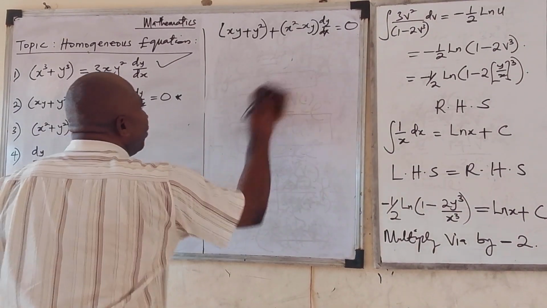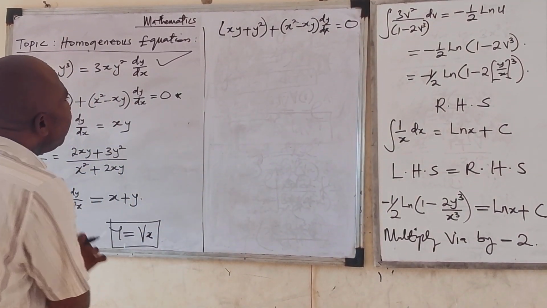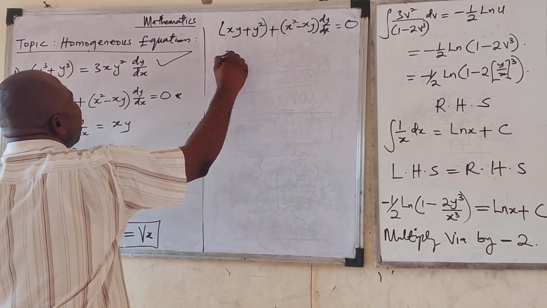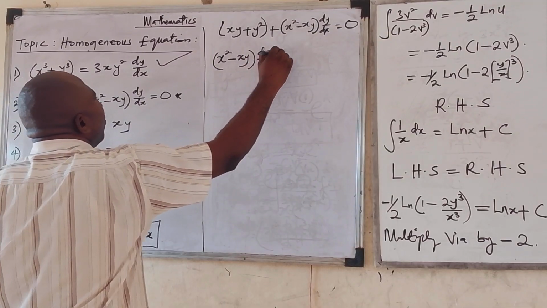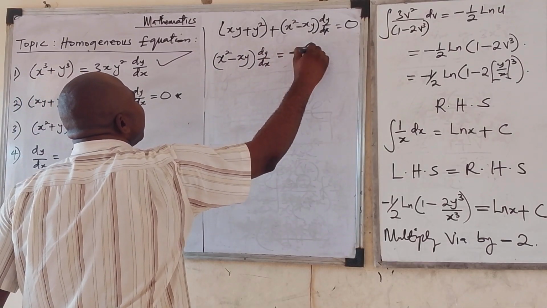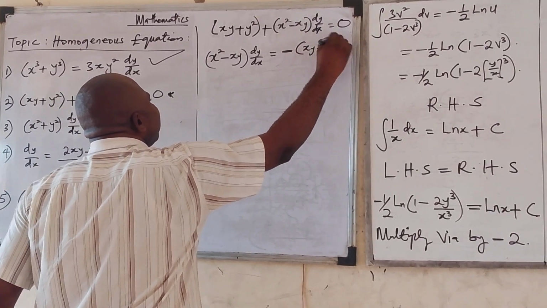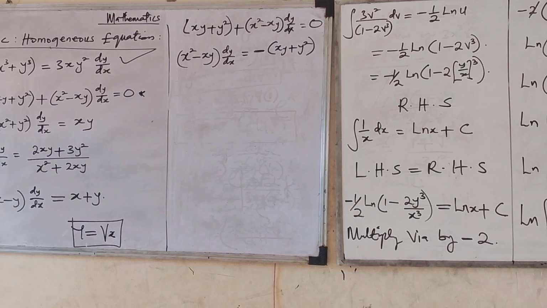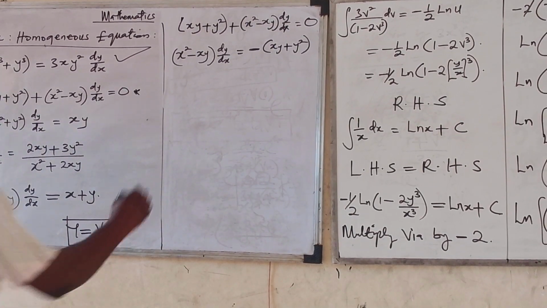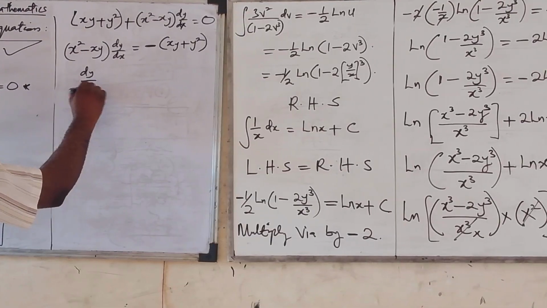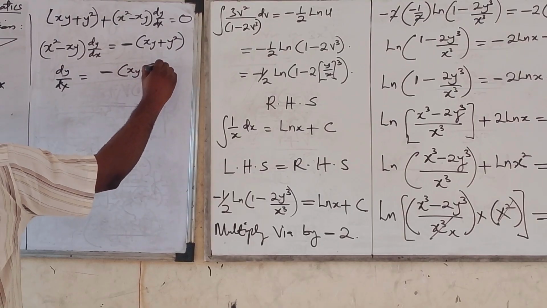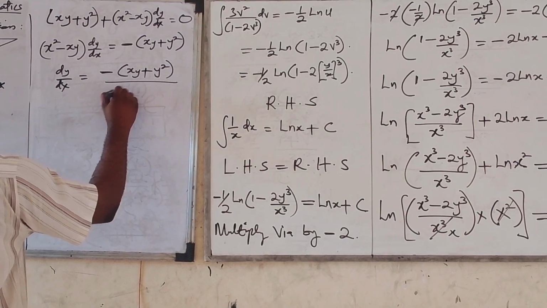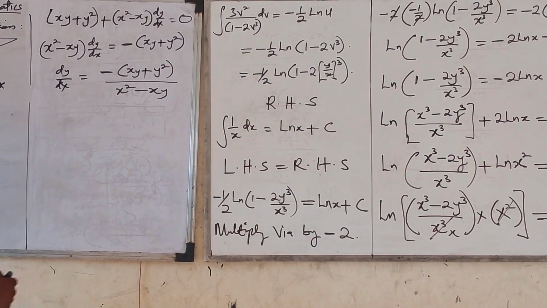So if this function is equal to 0, it therefore means that (x squared minus xy) dy/dx will be equal to minus (xy plus y squared). It therefore means that dy/dx will be equal to minus (xy plus y squared) all over (x squared minus xy).